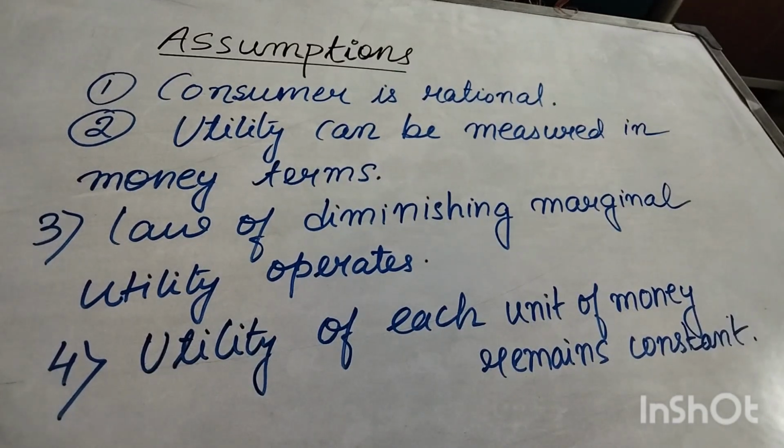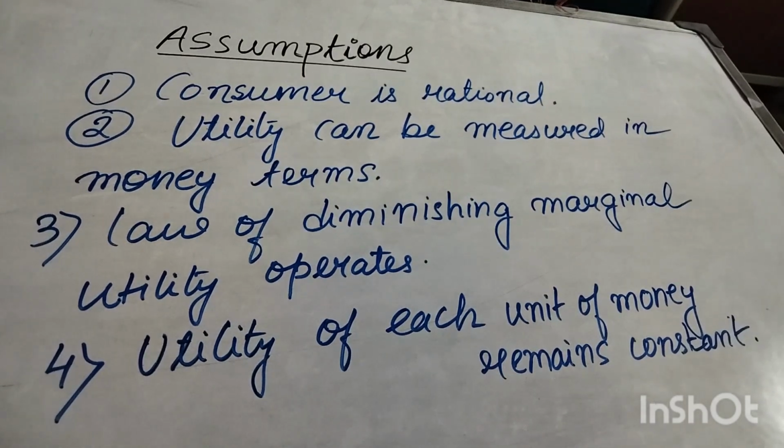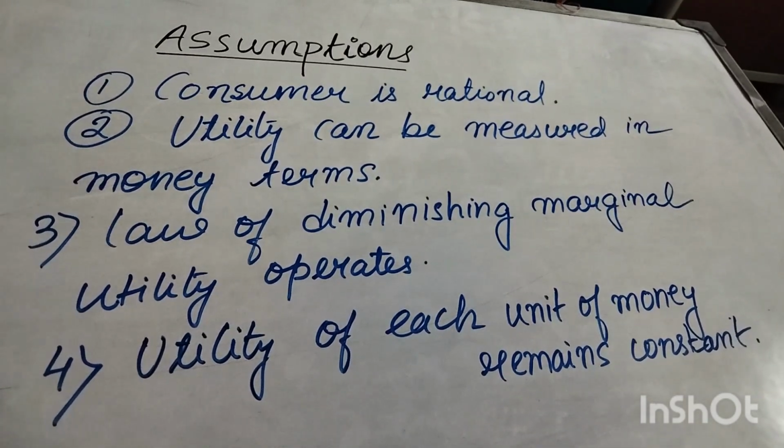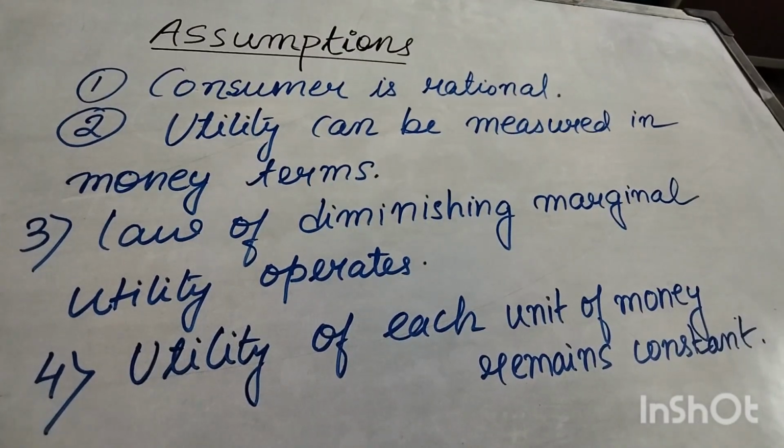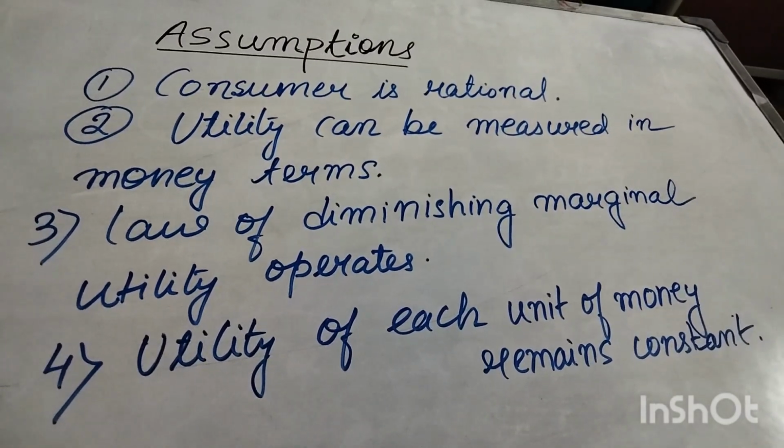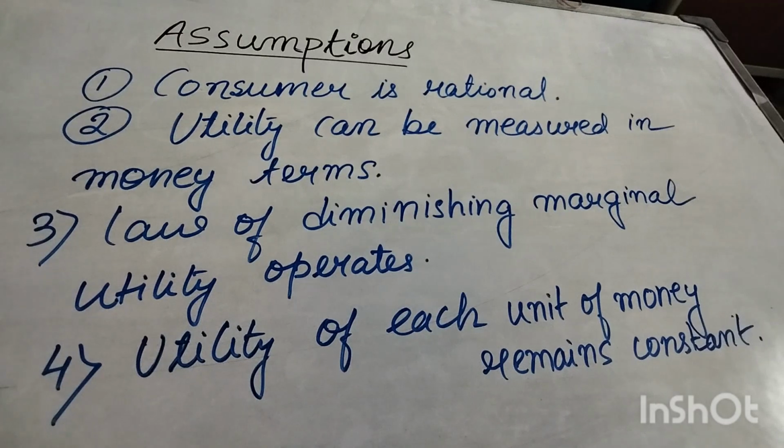That 10 rupee note will remain constant whatever the consumer's income. If the consumer is earning 10,000 rupees, that 10 rupee note will give him the same utility. If the consumer is earning 20,000, then also that 10 rupee note will give him the same utility. That is what is meant by saying that the utility of each unit of money remains constant.